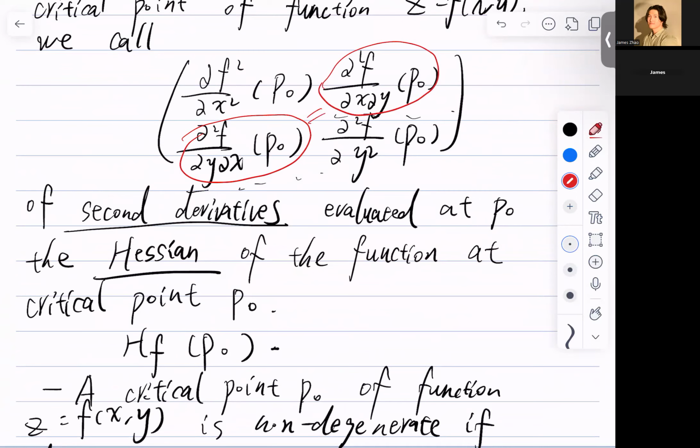Why is that? They are actually not always the same. If you've taken real analysis, you would know why. But right now, let's just say that if a function is C2, this is sufficient to say that you have a symmetric Hessian, which means you can swap the order of taking partial derivatives and you will get the same thing.